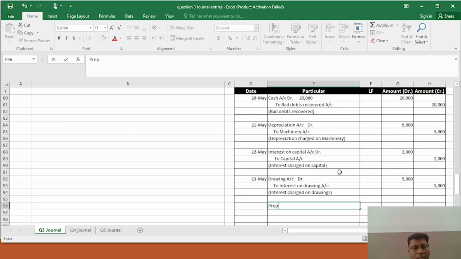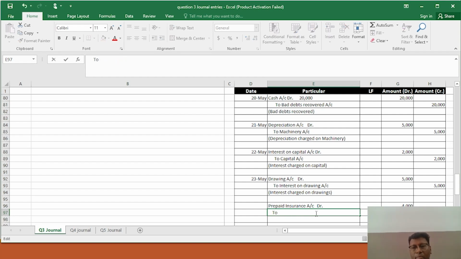So prepaid insurance account debit, right? And to insurance account, right? So it is 4000, right? So basically, because you are paying the cash now. Okay, yes.